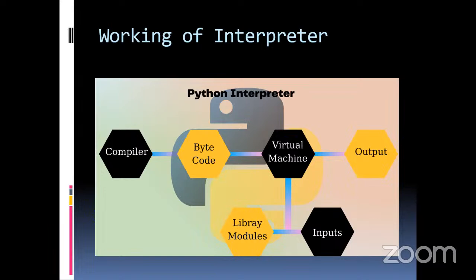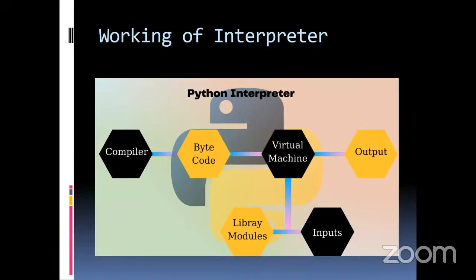Here there are library modules. These are nothing but many built-in modules written in Python. There are many functions written by developers, and we can use those modules to simplify our program.